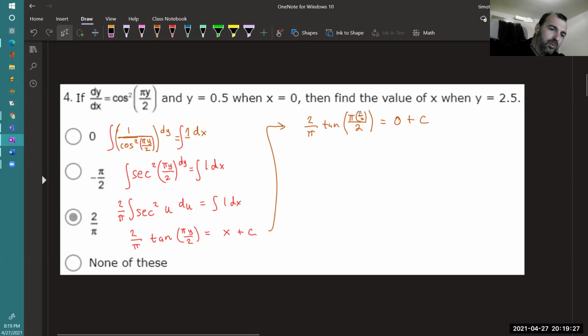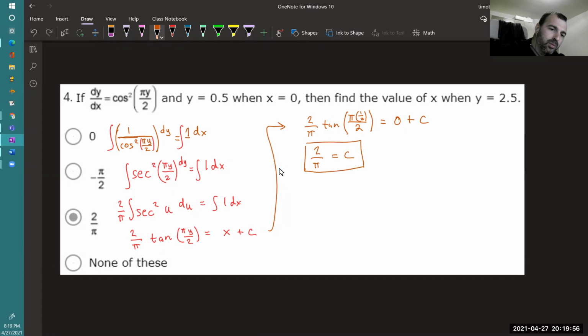So now this is going to be pi over 4, right? Tangent of pi over 4 is 1, okay? So we're going to get 2 over pi times 1 equals c. Okay, that's kind of cool.